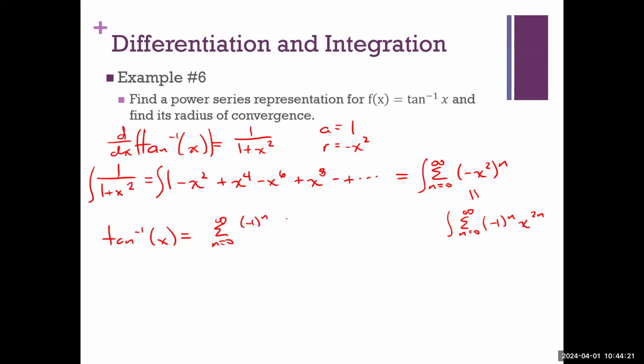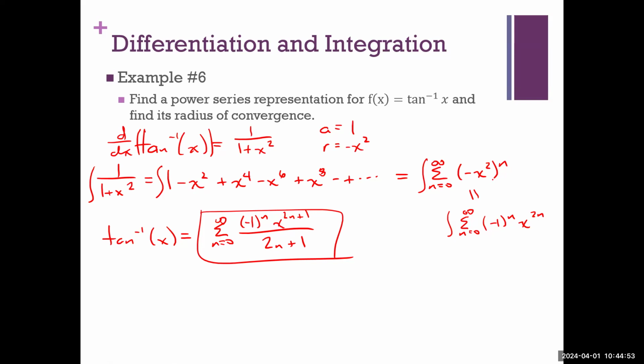Okay, so if I integrate, I get negative 1 to the n, and what's the rest of it? x to the 2n plus 1, divided by 2n plus 1. Let's make sure that works this time, because we were off.